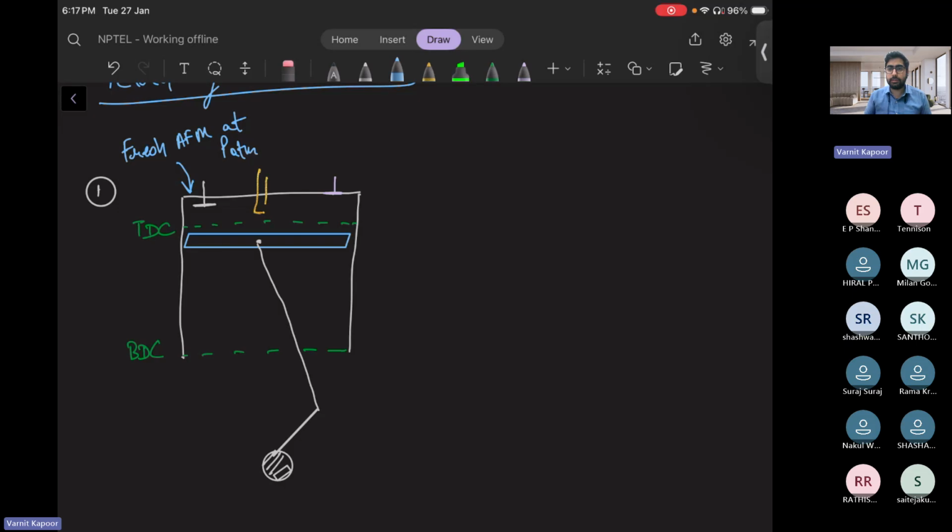And during this, what will be the pressure inside the cylinder? For any fluid to flow from one position to another, there should be a pressure gradient. A pressure difference should be there. So if I am saying that air fuel mixture is entering into the piston cylinder arrangement at atmospheric pressure, then automatically it means that the pressure inside the cylinder will be less than the atmosphere. Then only a fluid can flow in that scenario.